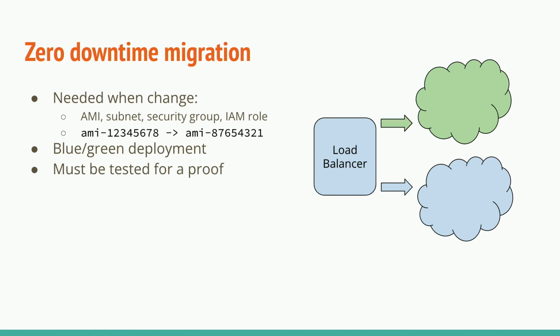So we developed a Terraform module way to do kind of green-blue migrations to ensure zero downtime. It works. The idea is very simple. You create a new autoscaling group. When the new autoscaling group is ready to serve traffic, the old autoscaling group gets destroyed.